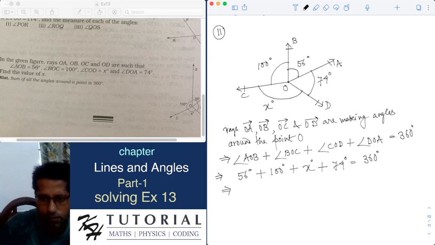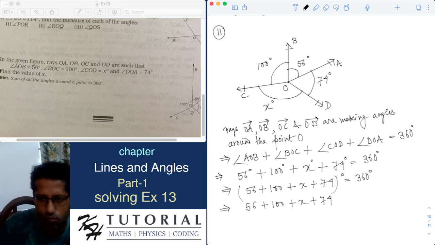Now we can simplify this equation as 56 plus 100 plus X plus 74 equals 360.